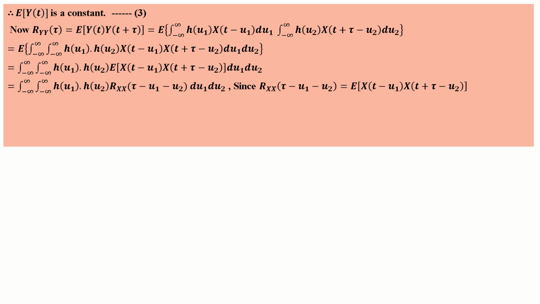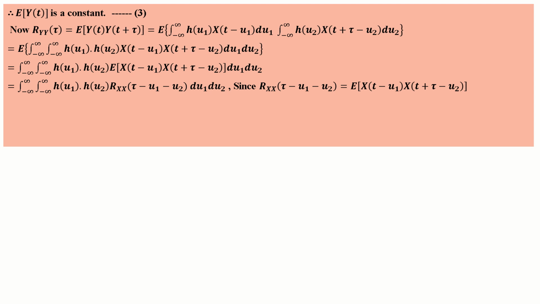So that is nothing but the autocorrelation Rx(tau minus u1 minus u2), right? That is the time difference. So for Rx(tau), how are we putting tau? The times are t and t plus tau. The difference is t plus tau minus t, which gives tau.